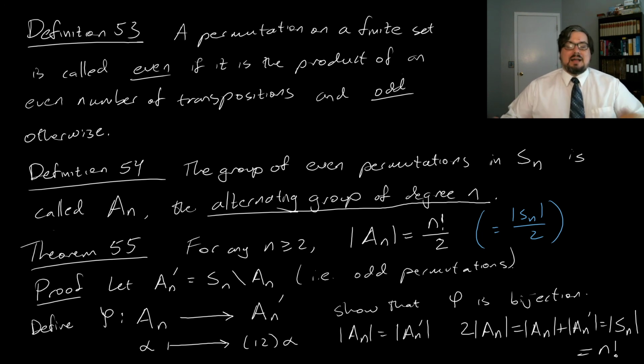So that's the basic idea. We show that there are exactly as many odd permutations as there are even permutations, and since every permutation falls into one of those categories, that means that the set of even permutations has to have an order exactly half of the order of all permutations.